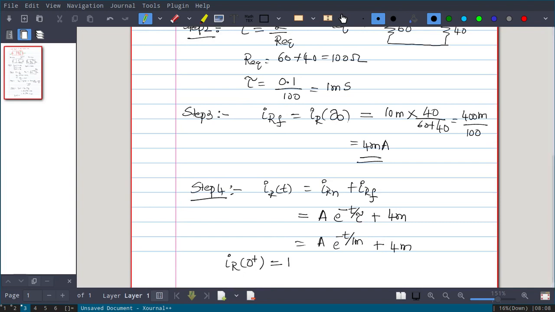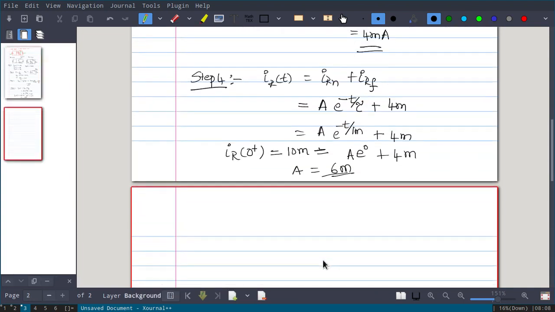So 10 milliampere equals, and at t equal to 0 you substitute, that will be A plus 4m. Since e power 0 is 1, A is nothing but 10 minus 4, that is 6m. So A equals 6m.